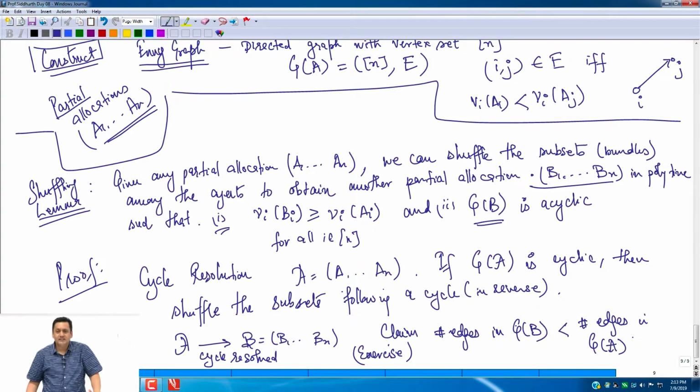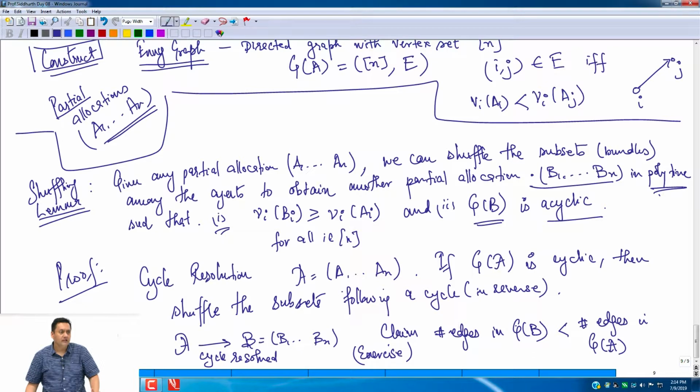The number of edges can be at most order n squared to begin with. It's a directed graph with n vertices. So after a poly number of steps, in poly time, you would reach a partial allocation where there is no cycle to be resolved, i.e. the graph is acyclic.